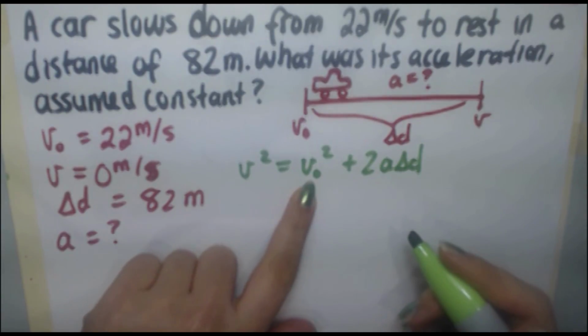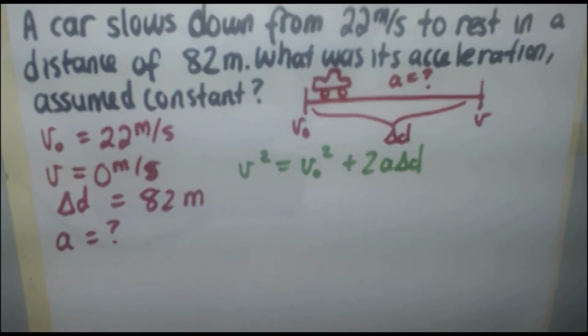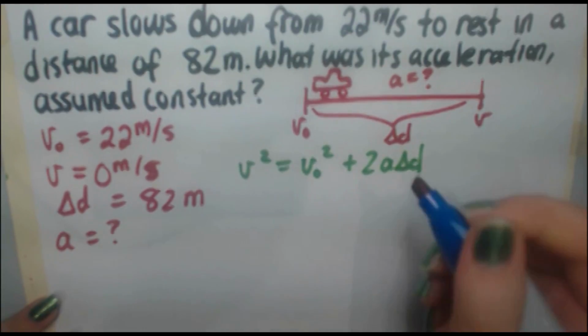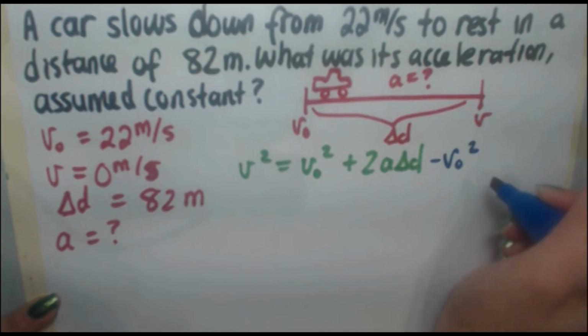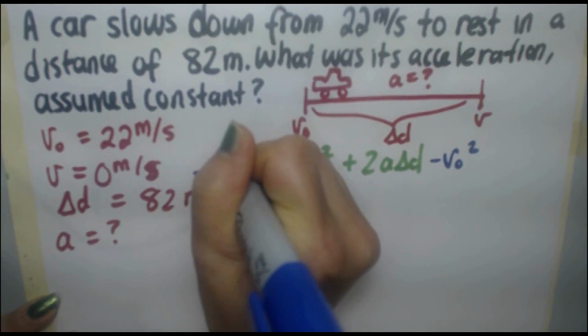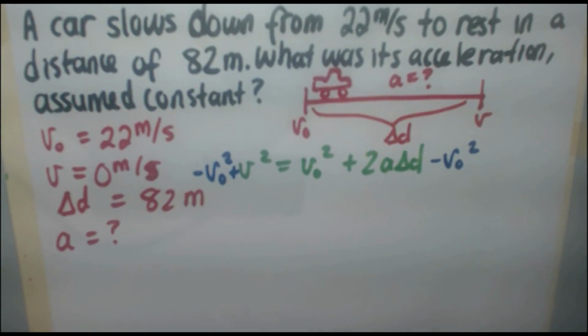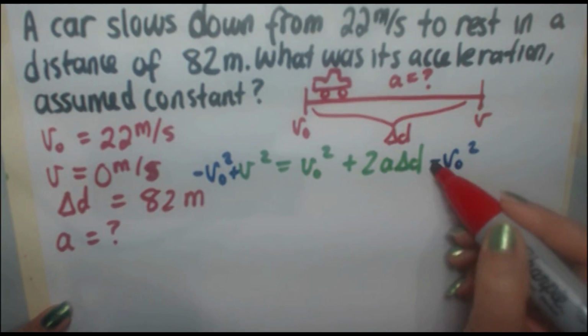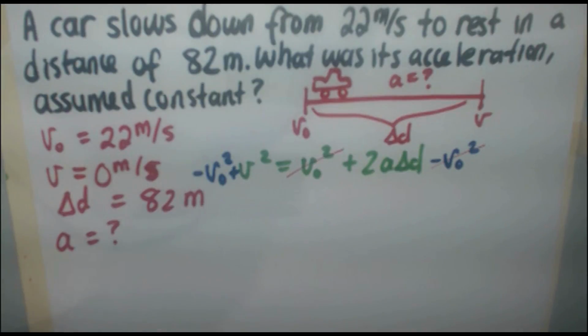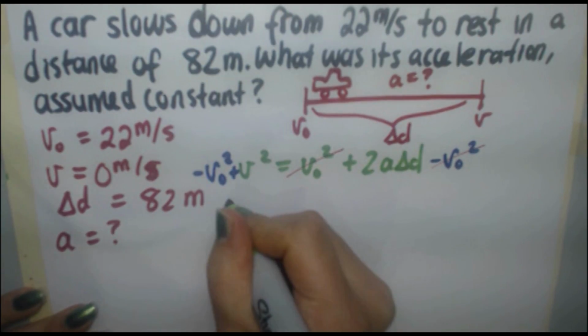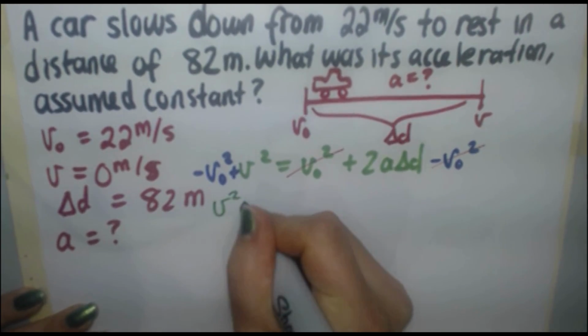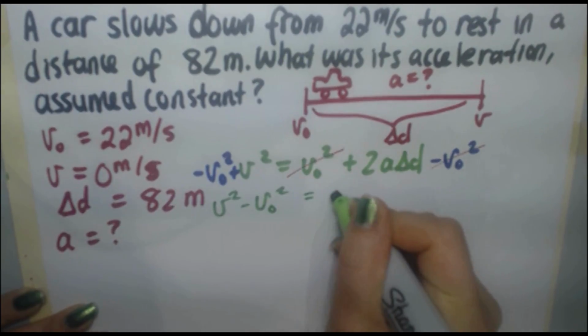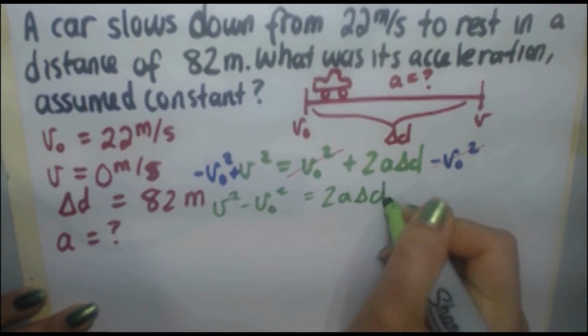The first step is to subtract v naught squared from both sides. So minus v naught squared, minus v naught squared. That cancels out the v naught squared. Then you're left with v squared minus v naught squared equals 2a delta d.